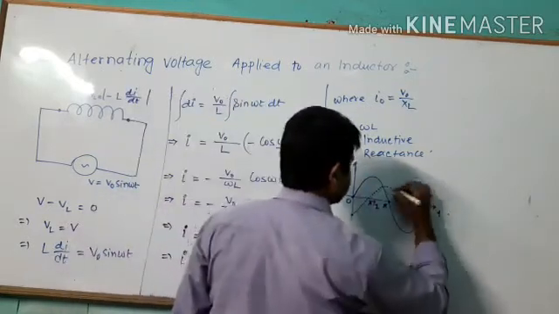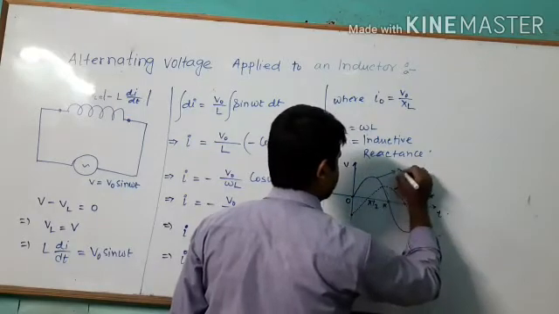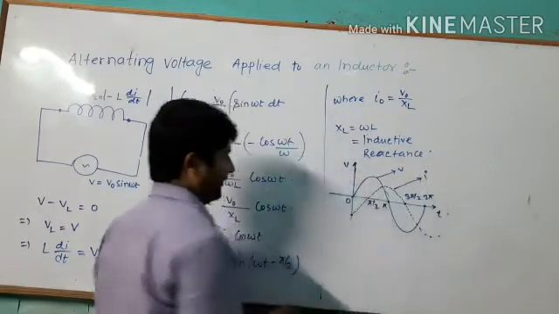So this is voltage, this is current, and this is voltage. So this is the maximum value of this voltage, V0.